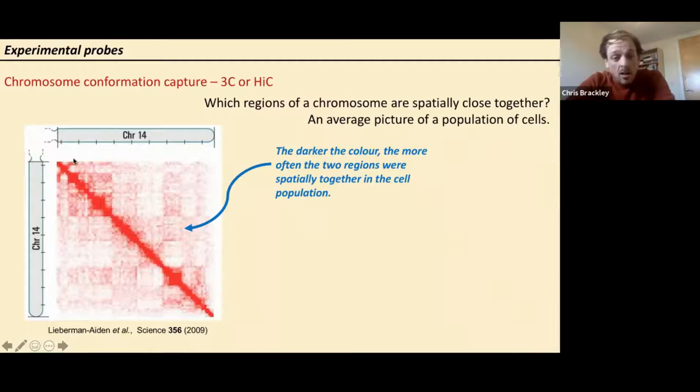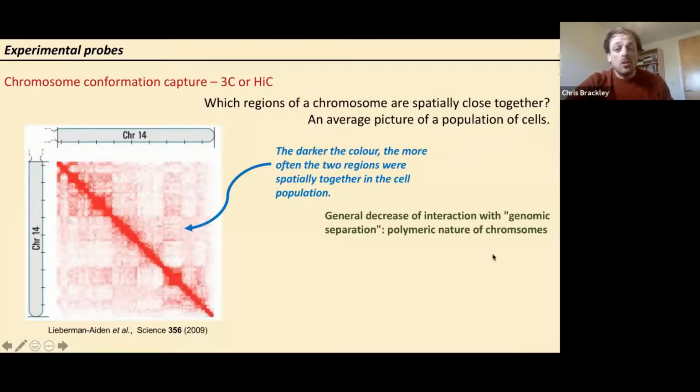And you can see there's a dark stripe down the diagonal, and it gets lighter as you move away from that. That just reflects the polymer nature of chromosomes. If you imagine two points which are close together along the contour of the chromosome, they're more likely to be close together in 3D space than two points which are far apart along the contour of the chromosome.